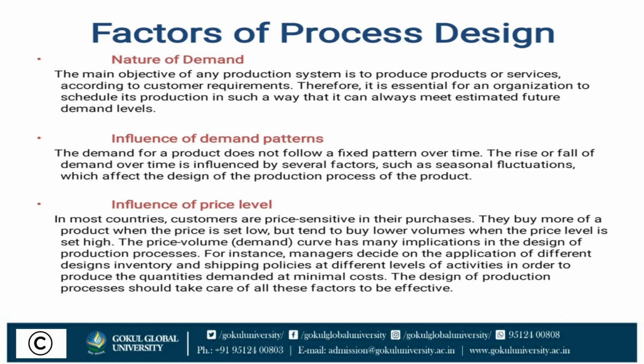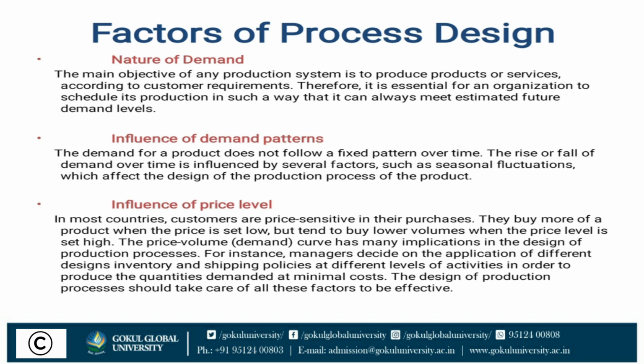So that we can achieve our goal and the demand of the customer and can produce more effectively in the market. The second factor for process design is influence of demand patterns. The demand for a product does not follow a fixed pattern over time.